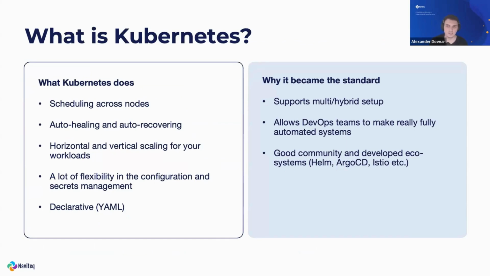It schedules, heals, scales, and manages configurations. It's declarative, and it can be integrated with a variety of tools and systems to create an entire ecosystem. GitOps like Argo CD, Helm, Istio, whatever you can name, it can be integrated with Kubernetes.